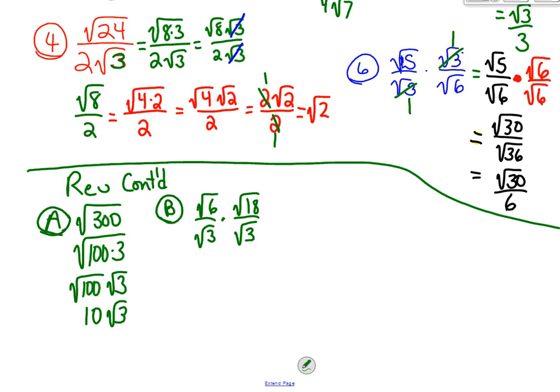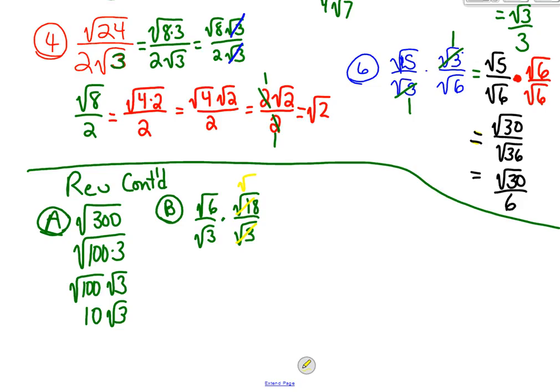Now, on this one, I can do some reducing as I go. Everything here is under a radical sign, so I can reduce any numerator with any denominator. And so I'm going to say that the square root of 3 goes into the square root of 18.